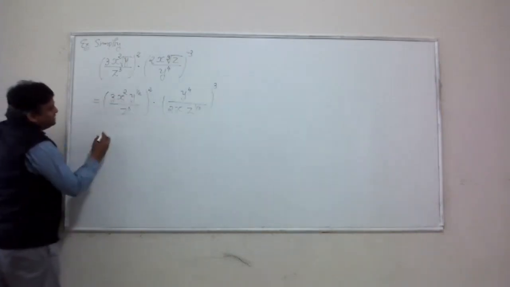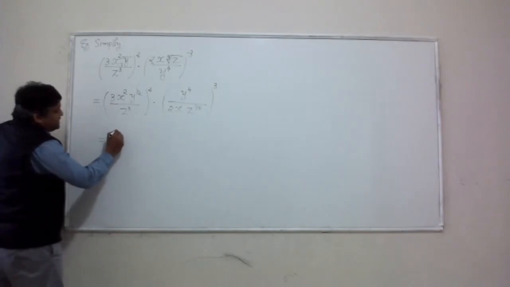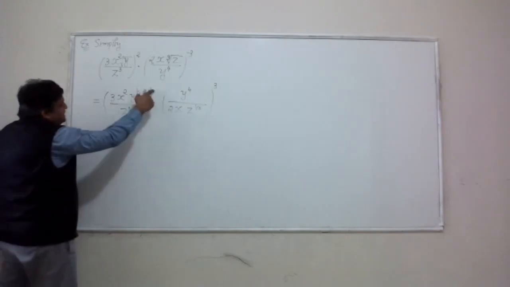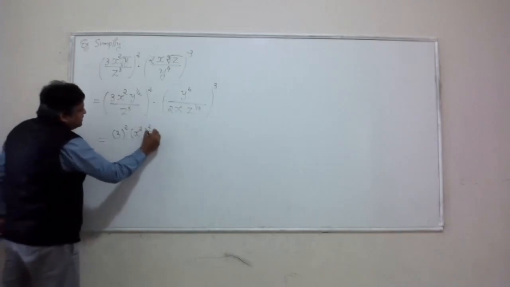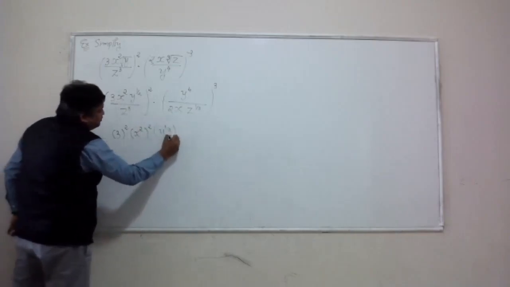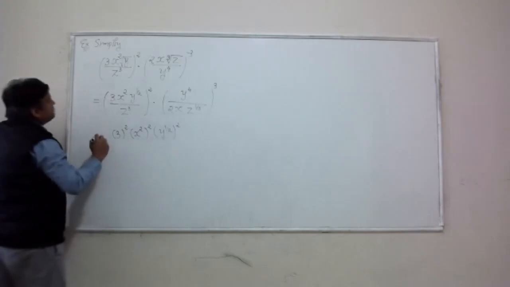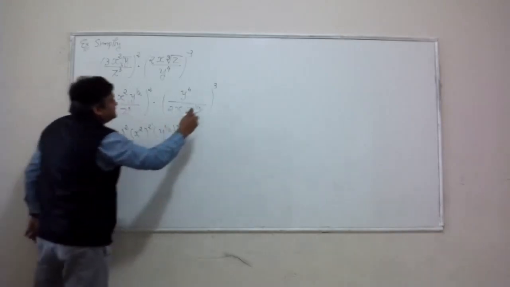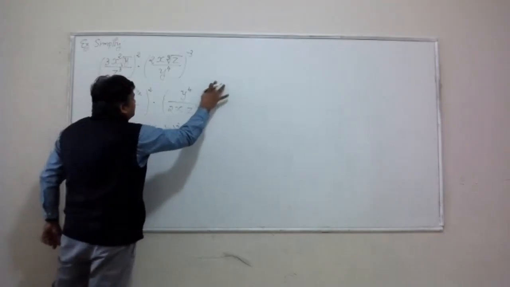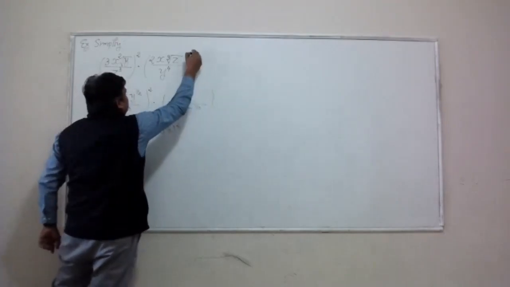Look, there are 4 factors here for the base. Each of these factors will get that 2 power. So 3 will get 2 power, x squared will get 2 power, y to the 1/2 will get 2 power. Okay, let's change this 3 to 4.